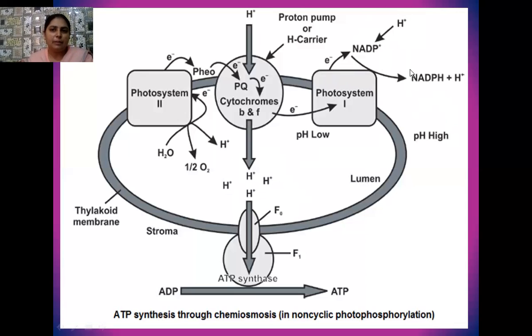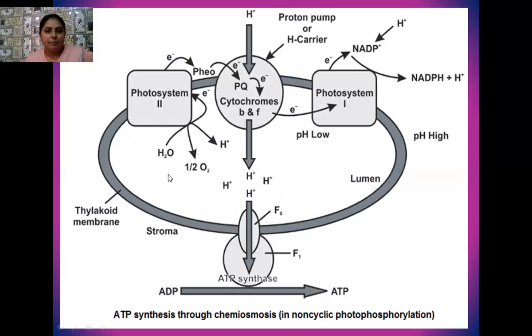In this way, because of the primary acceptors present outside the thylakoid membrane, when the electrons move outside to reach them, some of the protons also go outside the thylakoid membrane. But still, the concentration of protons is higher inside the thylakoid membrane and very low outside within the stroma. So this proton gradient gets established.